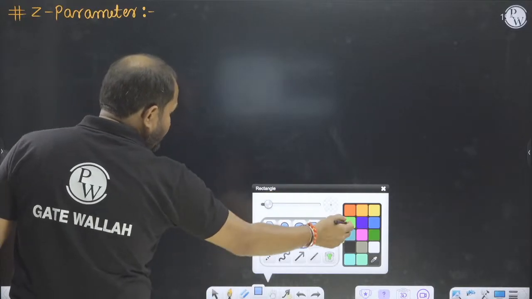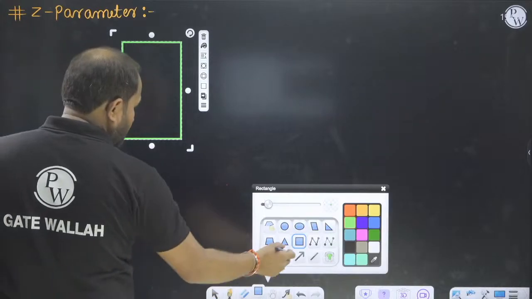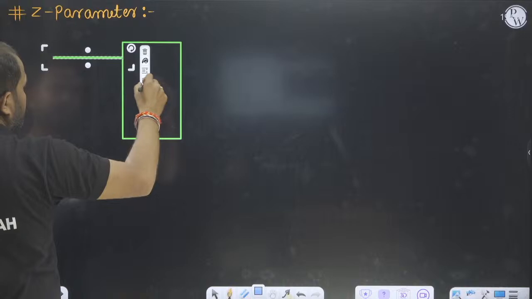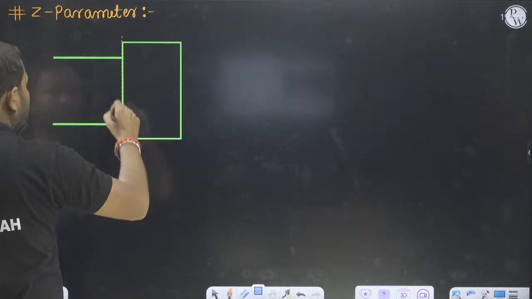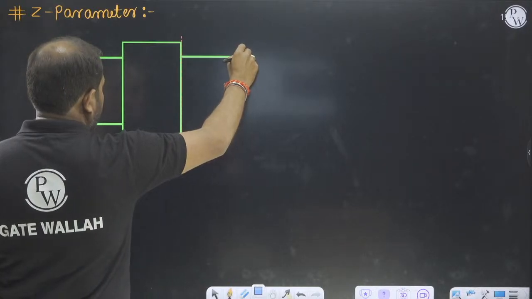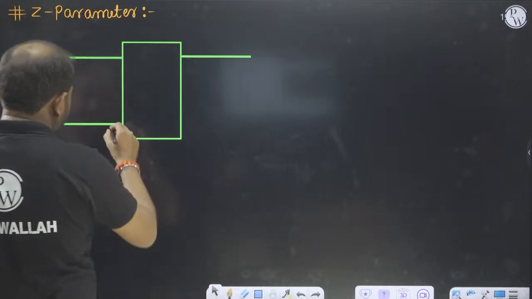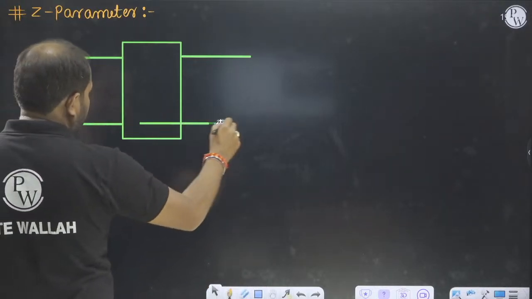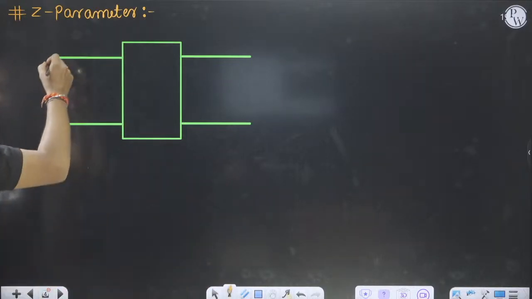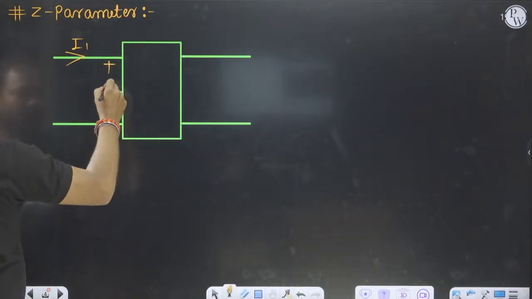it is an input-output relation. So here there is an input current I1 and an input voltage V1.